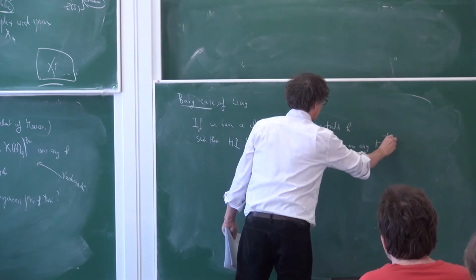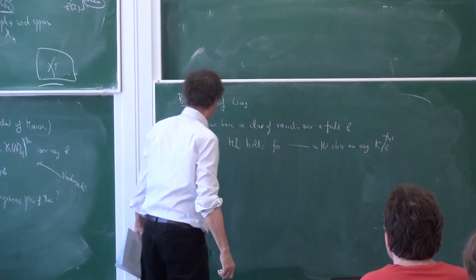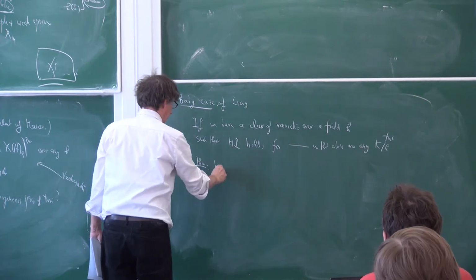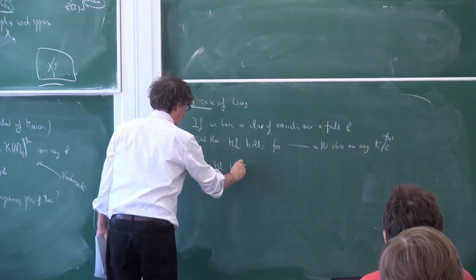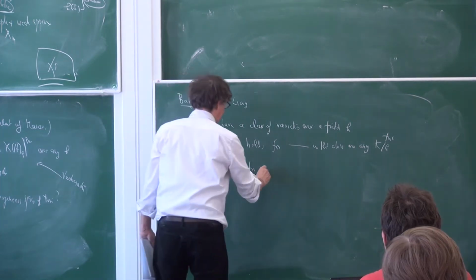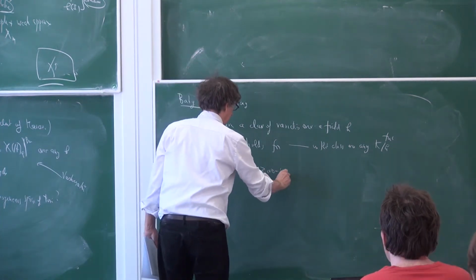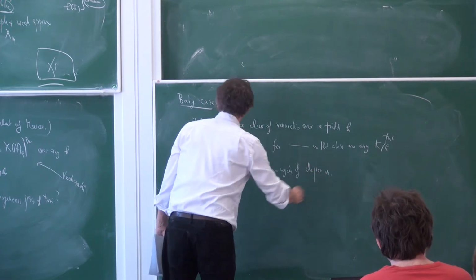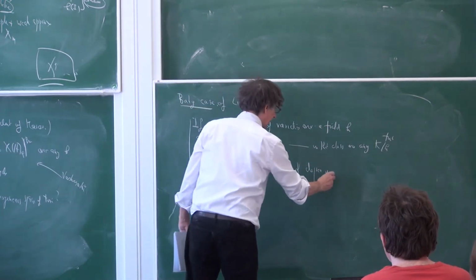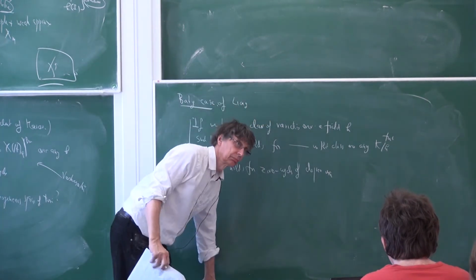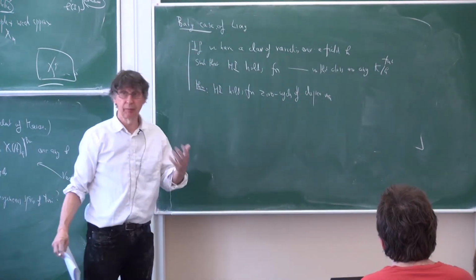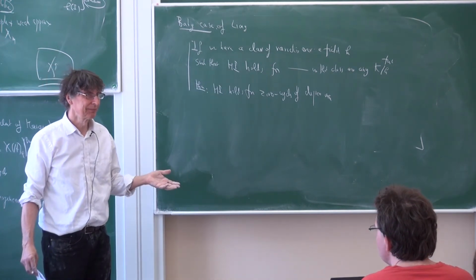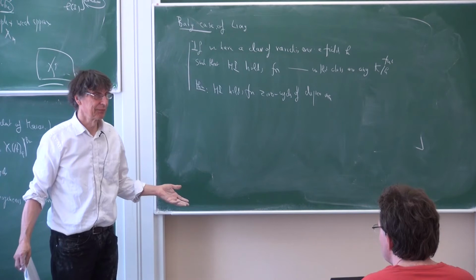Okay, and it's only there that it makes sense. Then the conclusion is that the Hasse principle holds for zero cycles of degree 1. I take a variety in that class, I'm given the information that it has zero cycles of degree 1 over its completions. Is there a zero cycle of degree 1?